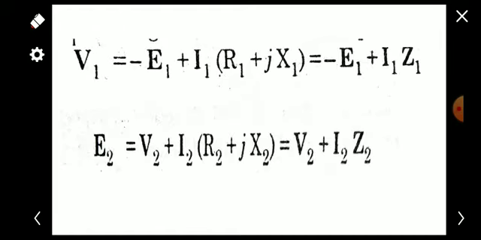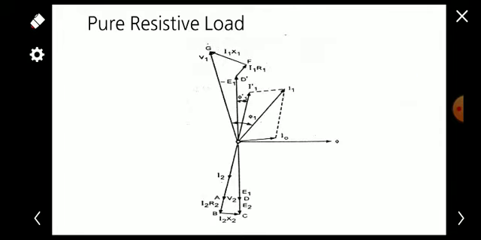After that, we know that E2 is equal to V2 plus I2 R2 plus I2 into JX2. So we have V2 here, and for representing I2 R2, we know that I2 R2 is the copper loss across the resistance R2.